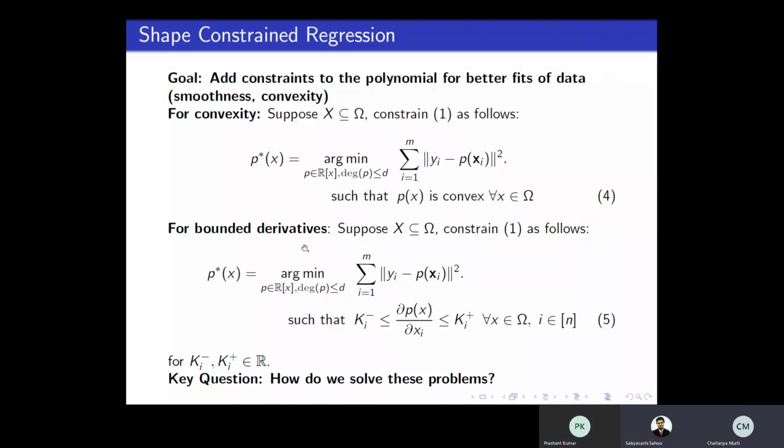Yes. So now the bounded derivative thing is a really nice trick because you can enforce things like monotonicity and Lipschitz smoothness. For example, here you have del P by del Xi lies between Ki minus and Ki plus. Now, if Ki minus is equal to minus Ki plus for all i, and the absolute value is equal to some K, then you can see this is actually the K Lipschitz condition.